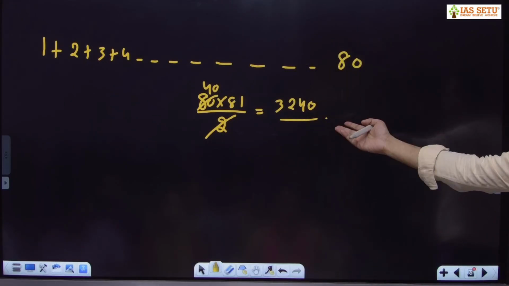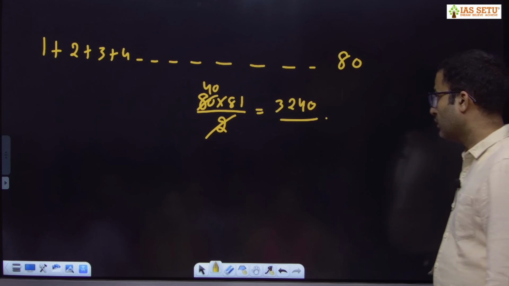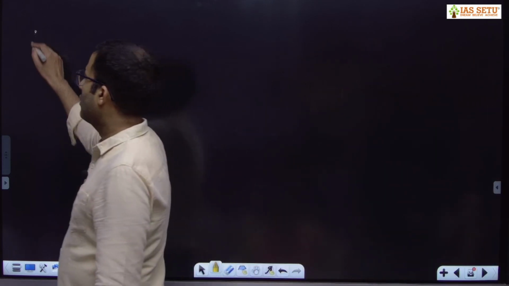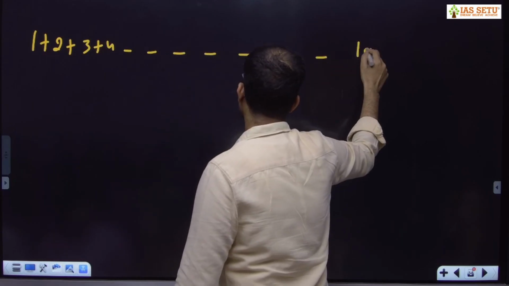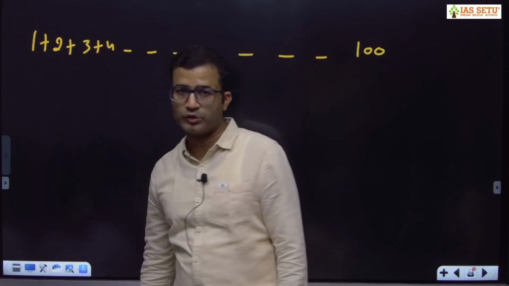Okay. You have to calculate. Now one more. What about 1 plus 2 plus 3 plus 4 up to 100? Sum of first 100 natural numbers.